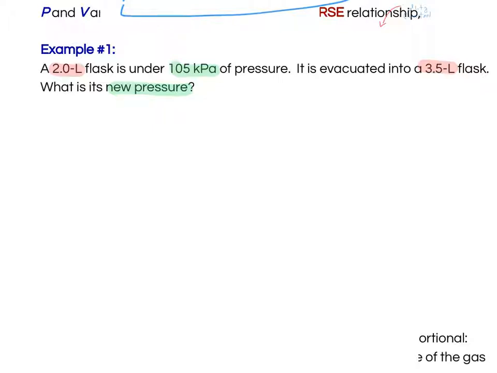When I look at this question, I'm reading that I'm starting with a 2-liter flask, and liters are a unit of volume, so that is my V1. I'm going to write out that V1 is equal to 2.0 liters, and I need to put the 2.0 there because of significant digits. It says it's under 105 kilopascals of pressure, so that is my P1.